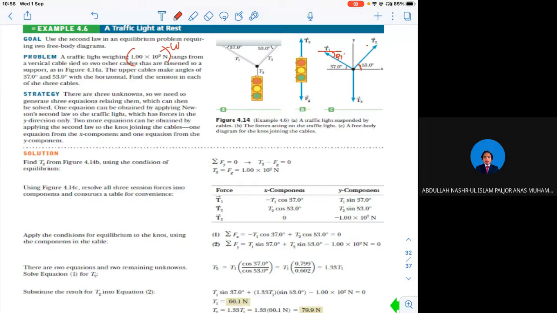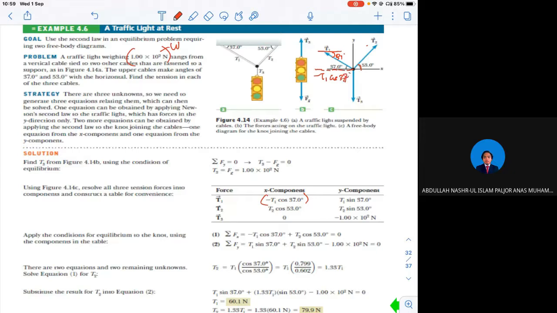Why do they need to know the angle? Because they want to resolve it into its components. For example, T1 has a negative T1 cos 37. Why is it negative? Because it's in the second quadrant, going this way. This one is negative T1 cos 37.